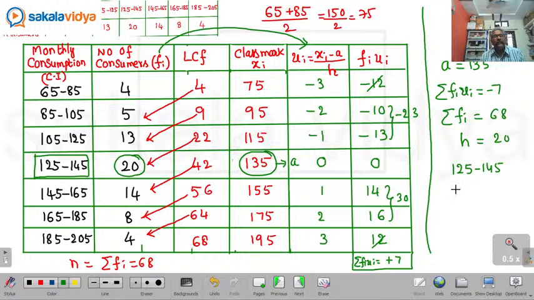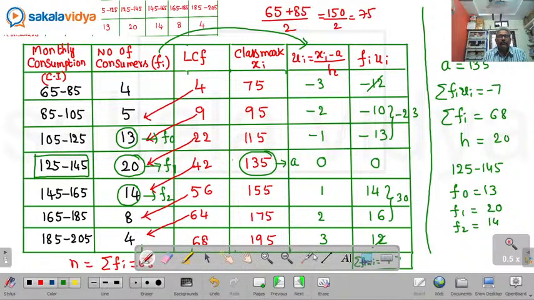Frequency is what? This will be F1, this will be F naught, this will be F2. So F naught is 13, F1 is 20, F2 is 14. These 4 values are enough to find out its mode.